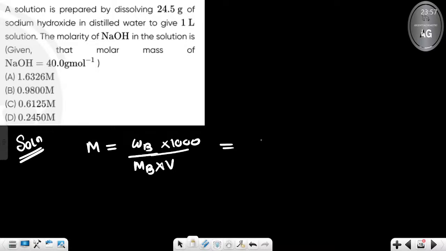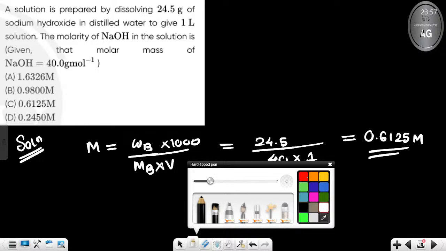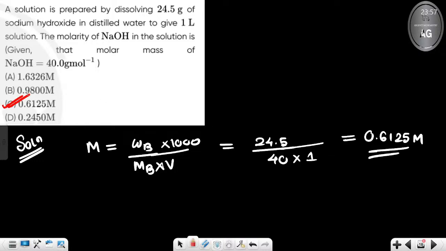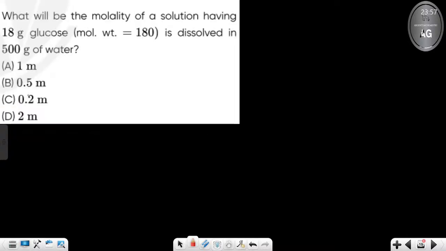Given weight is 24.5, molecular weight 40, 1 liter, so 24.5 divided by 40 is 0.6125 mole. Good. So the answer is option number C.